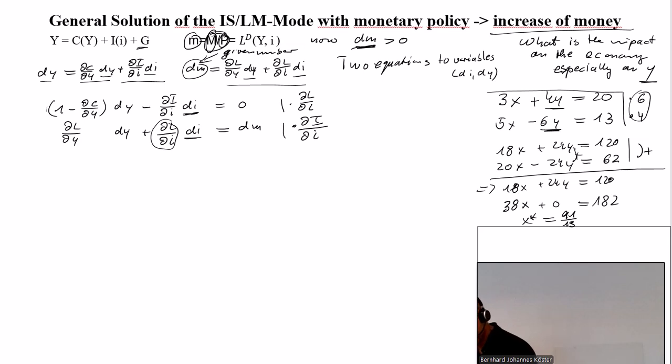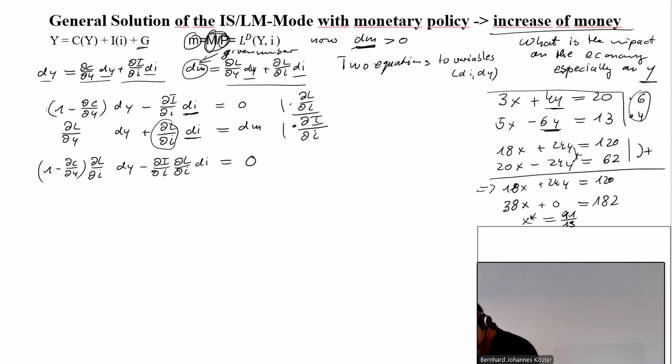Okay? So then we obtain 1 minus dC/dY times dL/di dy minus dC/di dL/di di equals 0, and 0 times some number is still 0.